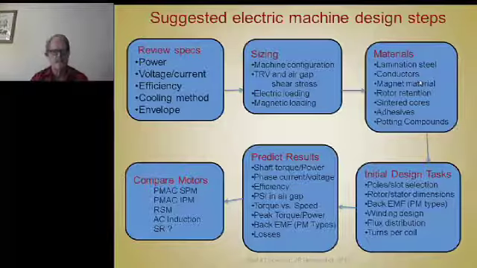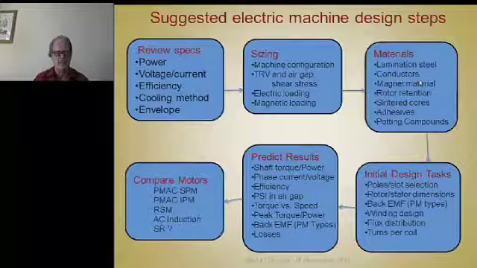I realize you can read them, but we'll read them together, and I'll go over some of the points that are important with these. The most important thing, of course, is to review the specifications, which are the requirements of the machines you're supposed to design. Included in the specification is certainly the output power required and all the characteristics of that: rated power, peak power, and if there's anything having to do with peak power, what's the duty cycle of that power?